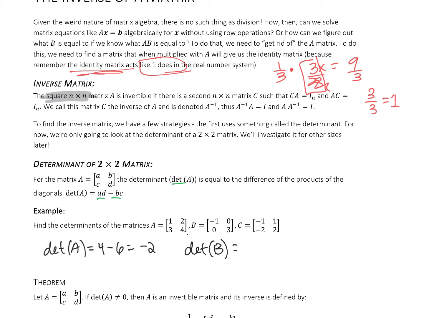I actually don't even need to do the subtraction. Negative 1 times 3, negative 3, that's 0 times 0, 0. So, ta-da. All right, last thing, the determinant of C. I'm going to take negative 1 times 2 gives me negative 2, minus negative 2 times 1 gives me a negative 2 again, so minus negative 2 gives me 0.